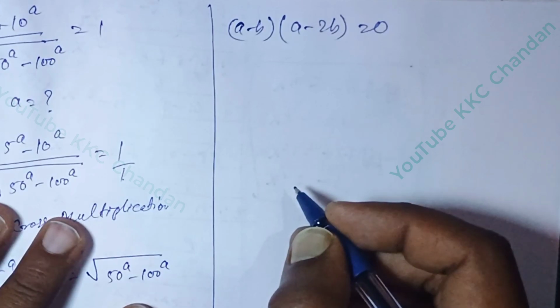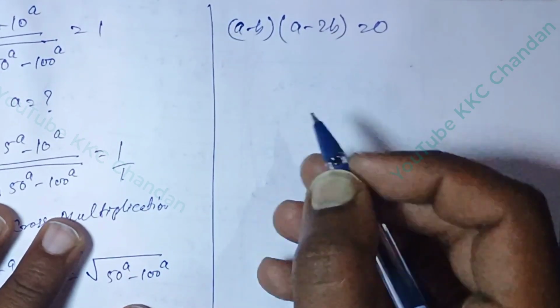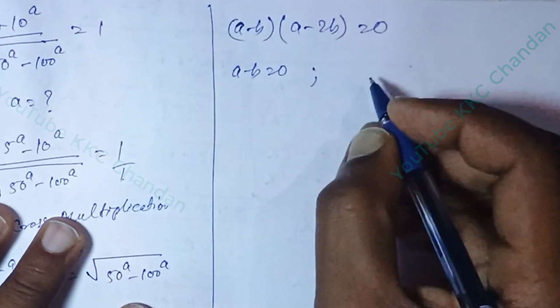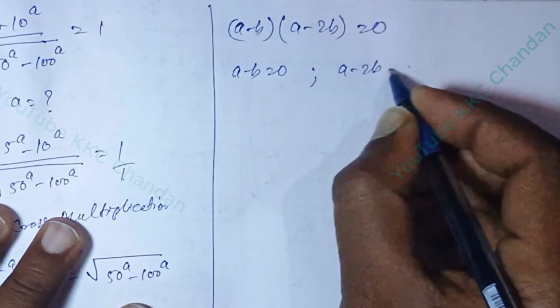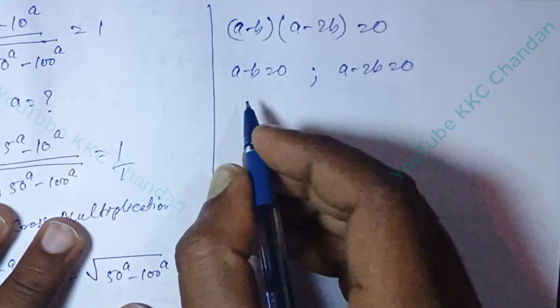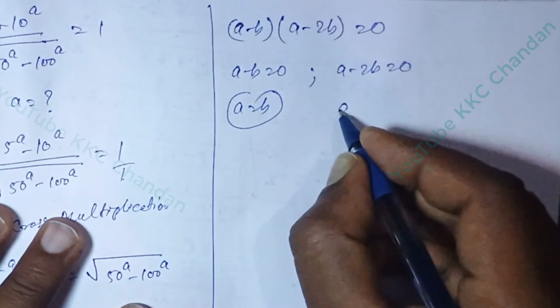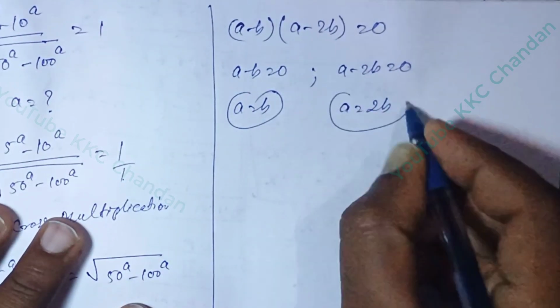Next step, two equations arise. First equation, A − B is equal to 0. Second equation, A − 2B is equal to 0. Here A is equal to B, here A is equal to 2B.